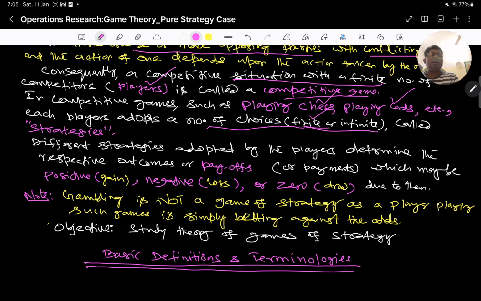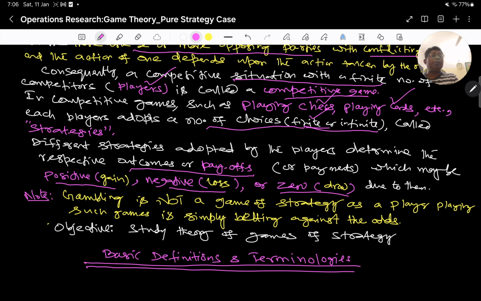In fact, we are dealing with the finite case, called the strategies. Different strategies adopted by players determine the respective outcomes, which may be positive, may be negative, or may be 0. 0 will indicate the draw.